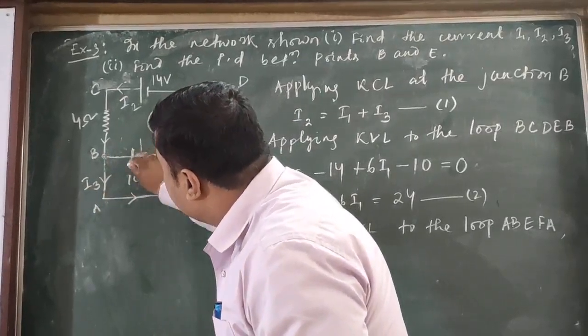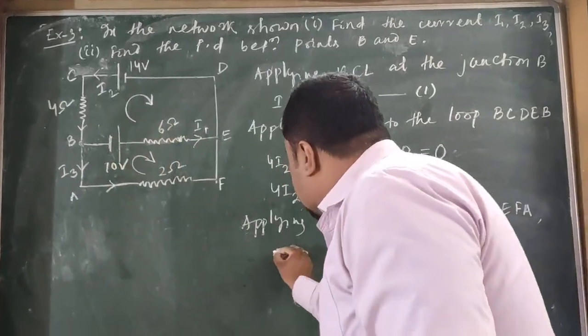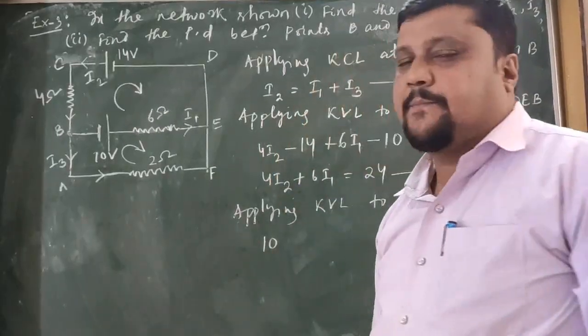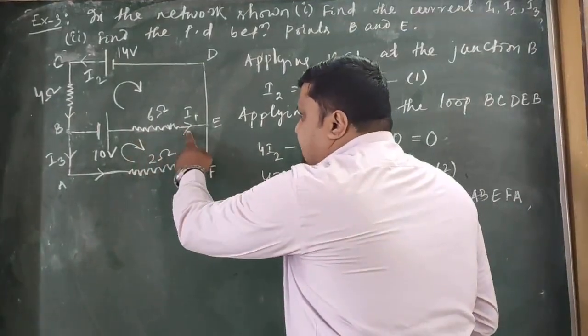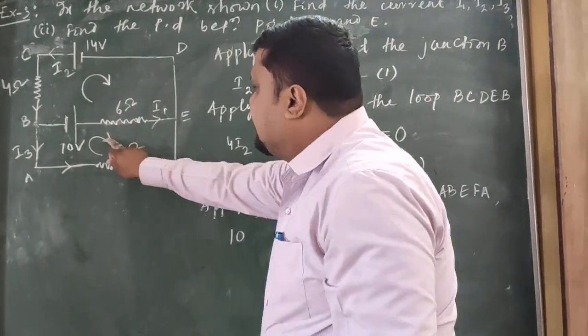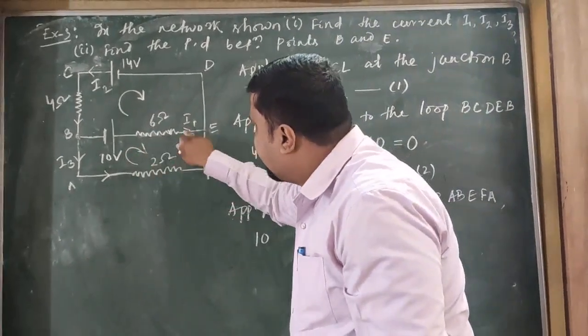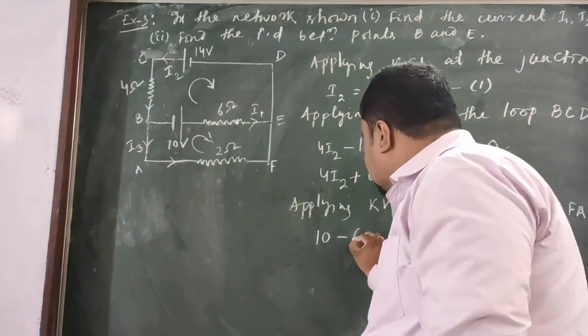This cell comes first, the negative terminal, so I will take the 10 EMF as plus. Then the I1 current goes through the 6 ohm; my path and current direction are the same, so I will take this as minus 6I1.